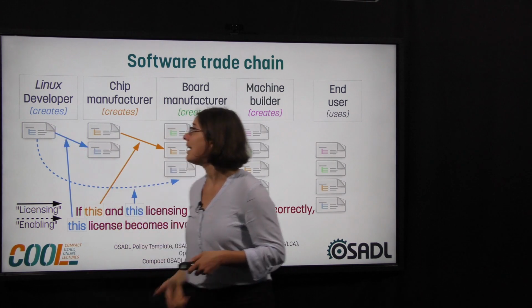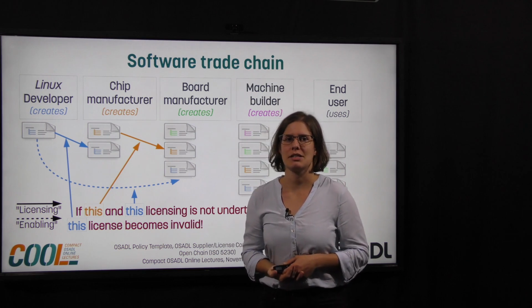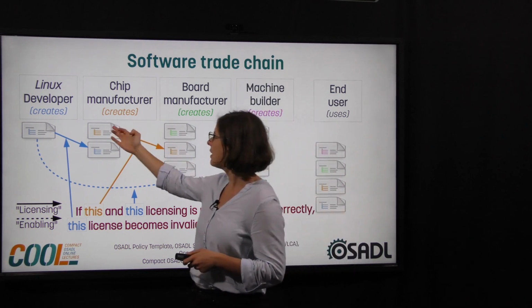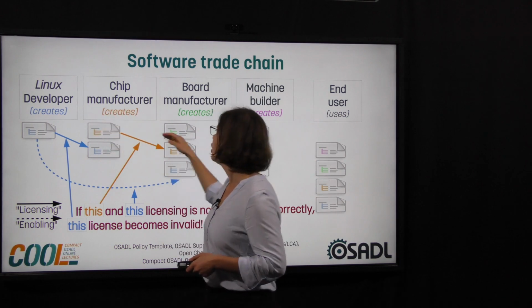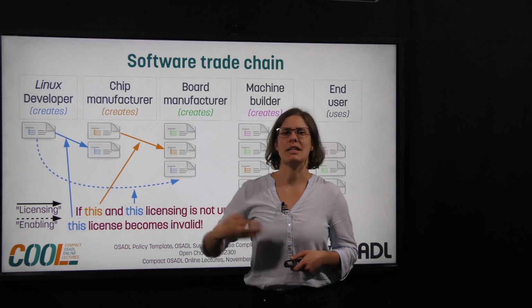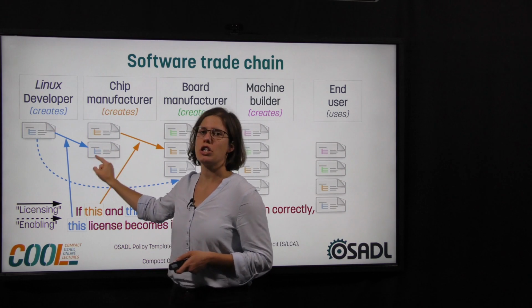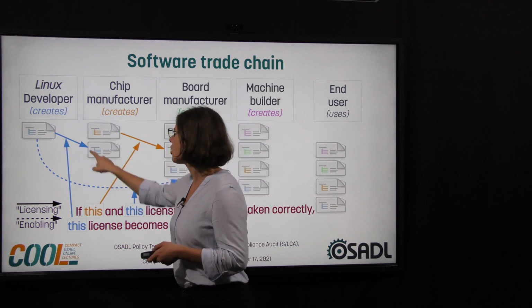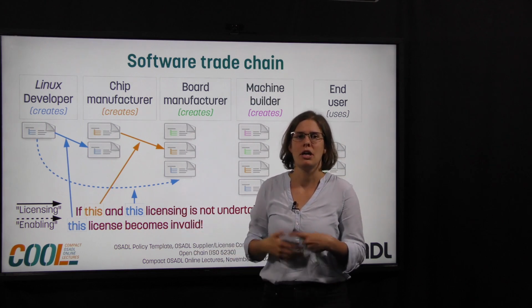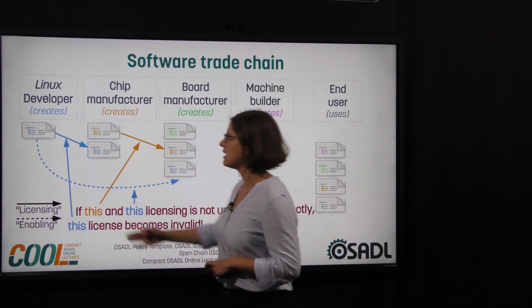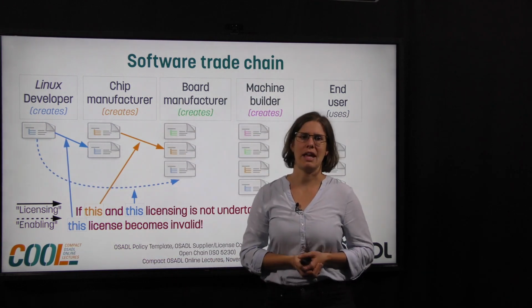The Linux developer licenses their work to the chip manufacturer in this example, and the chip manufacturer licenses their contribution, only their contribution, to the next in line, the board manufacturer. But the chip manufacturer does not license the complete Linux kernel to the board manufacturer, because of course they don't hold the rights in this part, but the board manufacturer gets the license directly from the original creators.